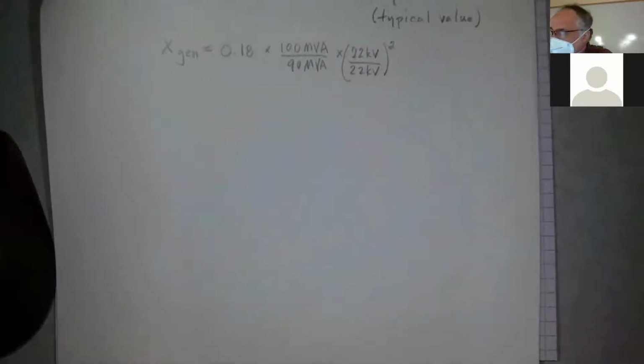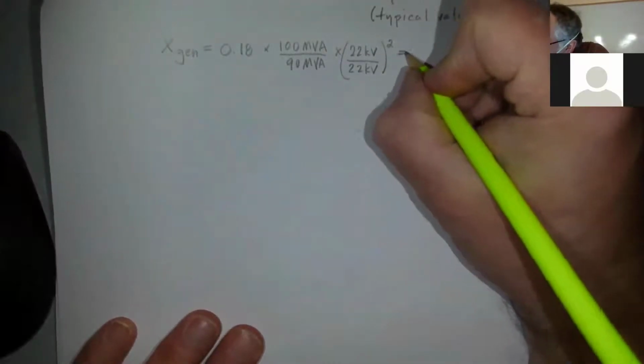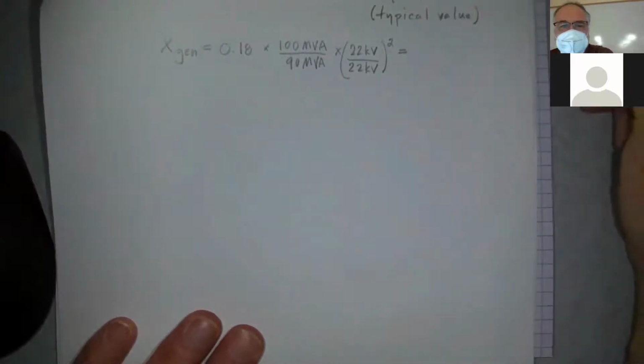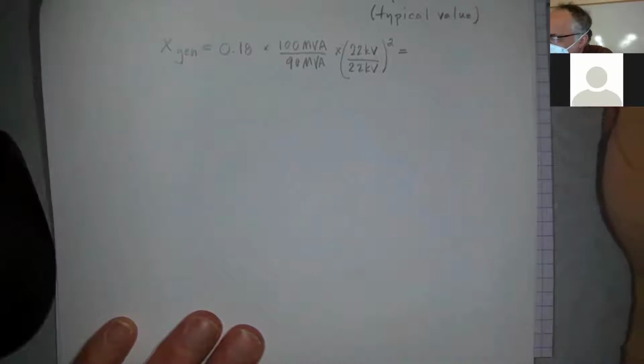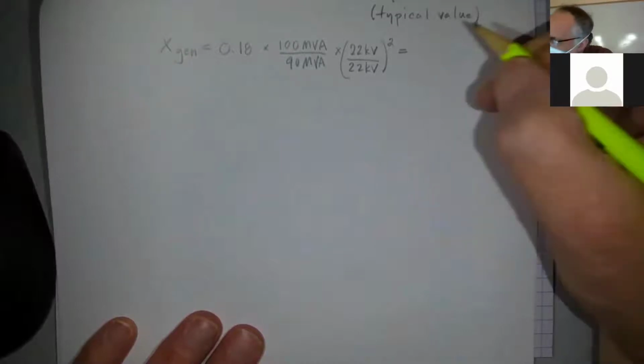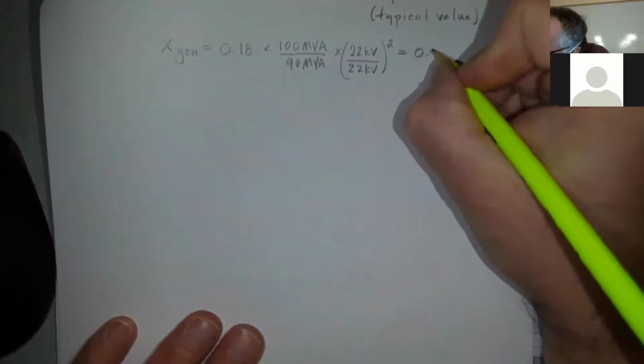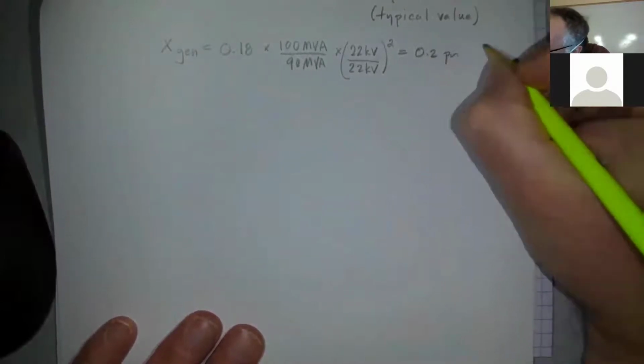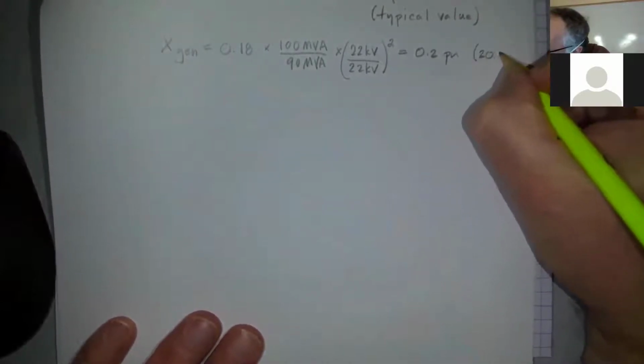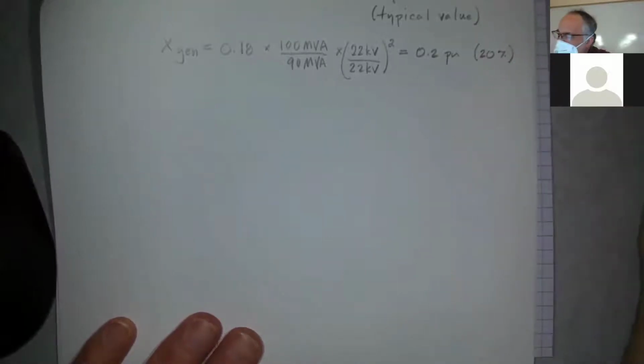I keep pushing that paper up. I'm sorry. So what's the new value going to be? 0.2. And again, if you want to represent that in percent, that would be 20%. Okay?